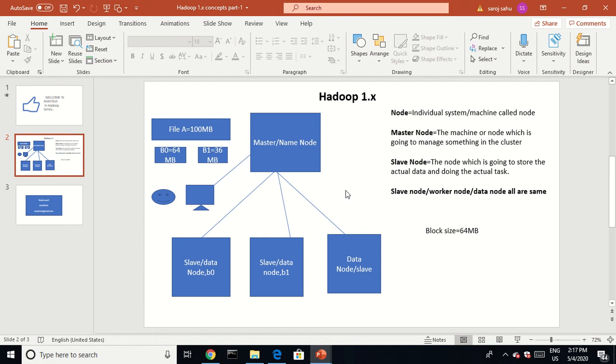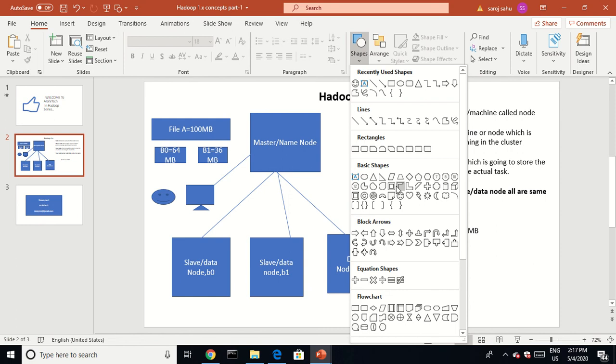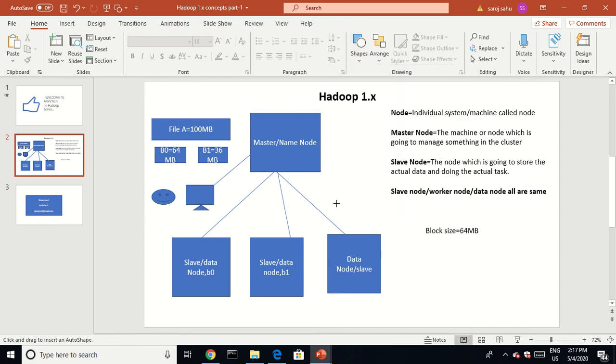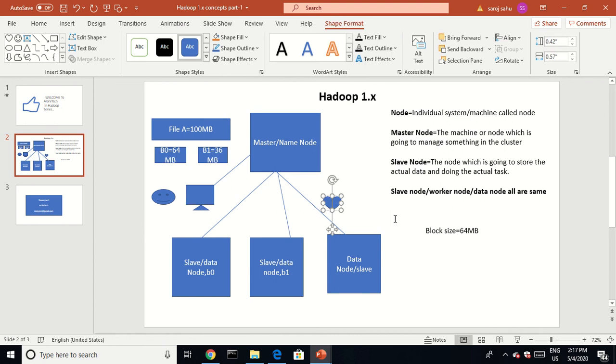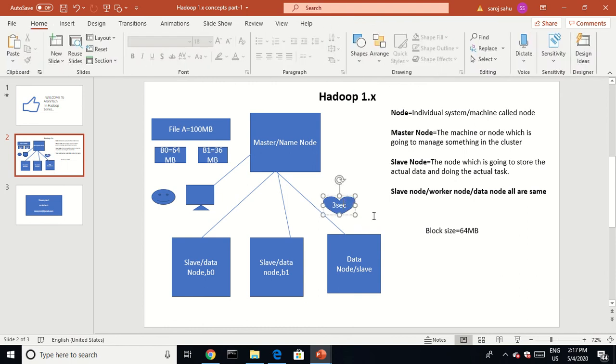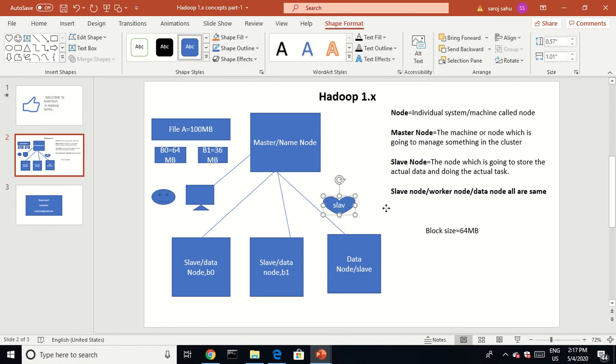So how can it know? Each and every slave machine sends a heartbeat signal to the master machine every 3 seconds.